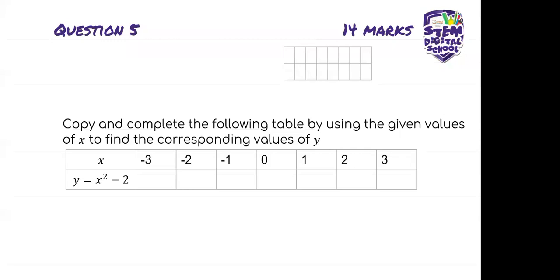The second one, and then if x is -2, then again you can check that you simply put -2 and then all squared. -2 times -2 is +4, and then 4 minus 2 is 2.